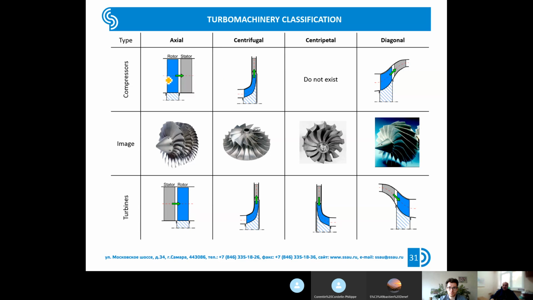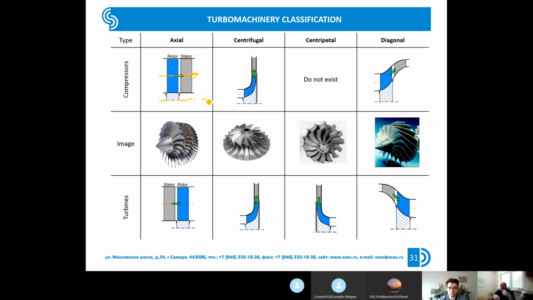First, axial turbomachinery, where the direction of the flow approximately corresponds to the direction of the rotational axis. It does not mean the direction and axis must be parallel.